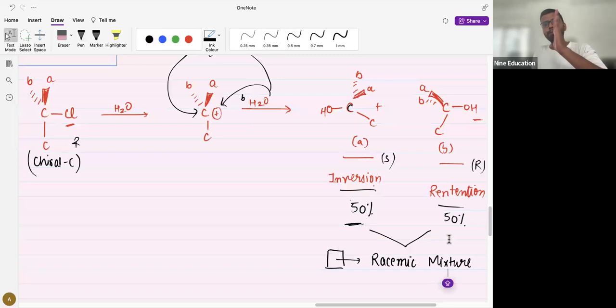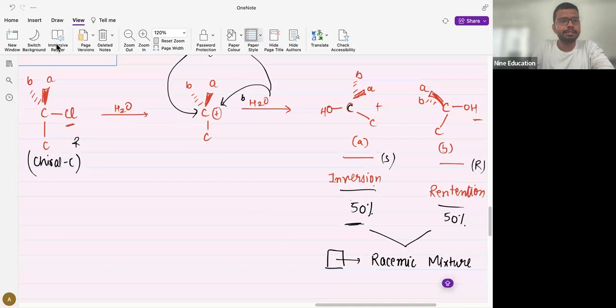So अगर ये plane polarized light को 10 degree rotate करता, other opposite direction में 10 करता, and both molar concentration we have same. दोनों का concentration same है, then only we can have racemic mixture in the solution.